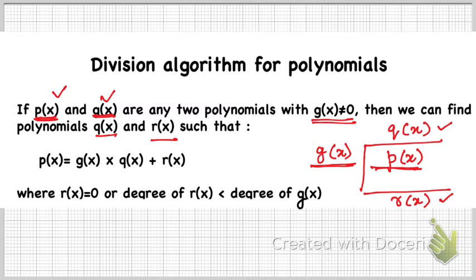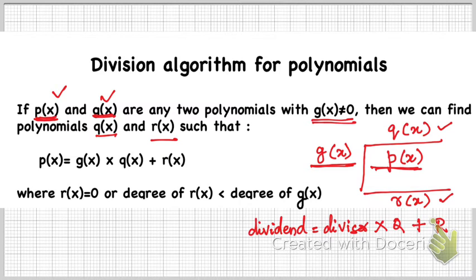And as we know, dividend is equal to divisor into quotient plus remainder.